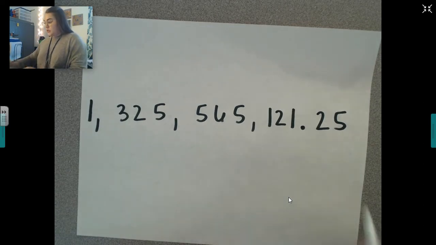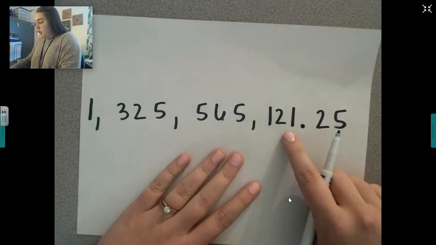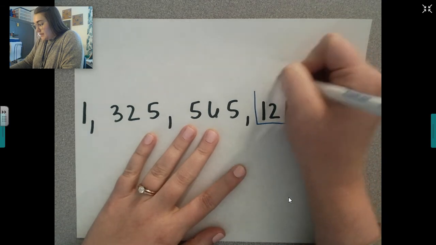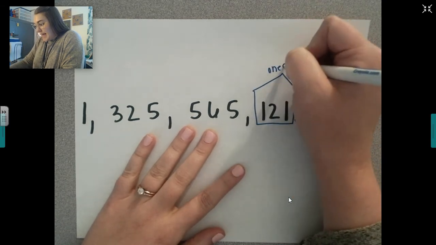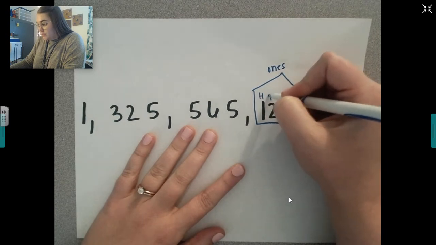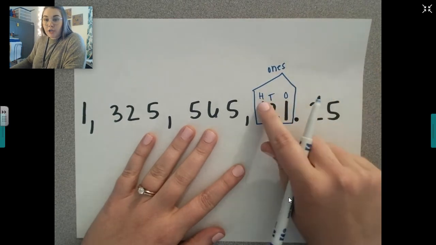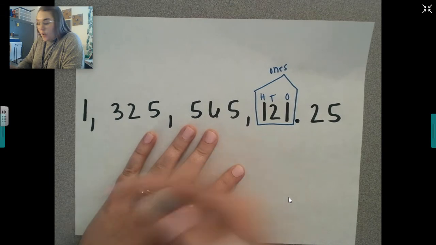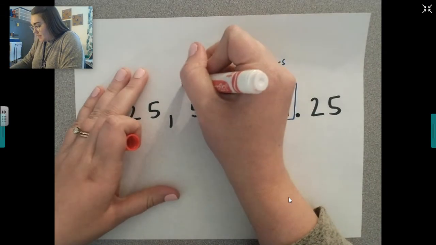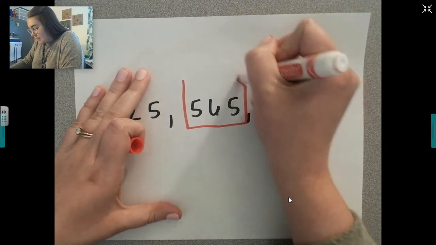So I am going to start right here, and I'm going to draw my house. This is my ones house. And so we think of it as HTO, hundreds, tens, ones, my HTO house. Then we've got my second house, and this is my thousands house.